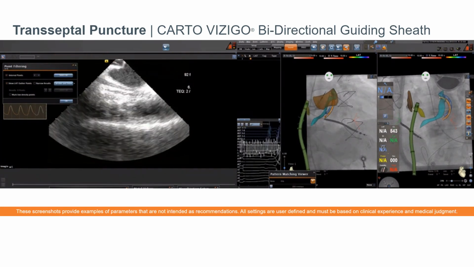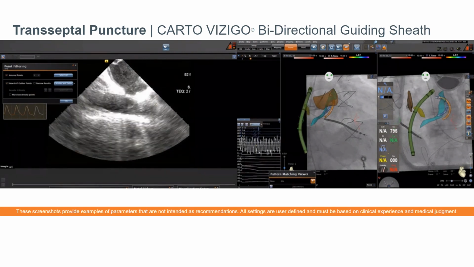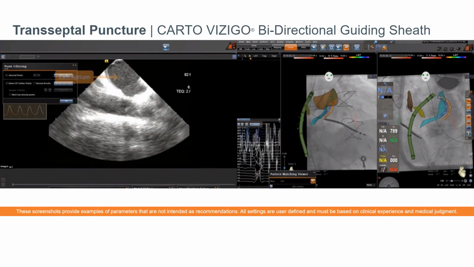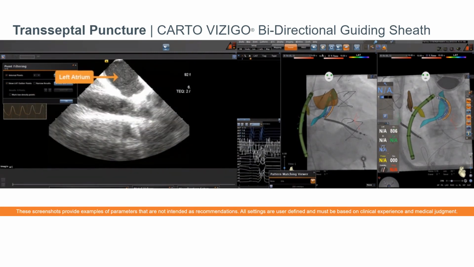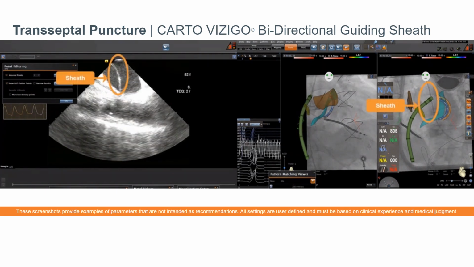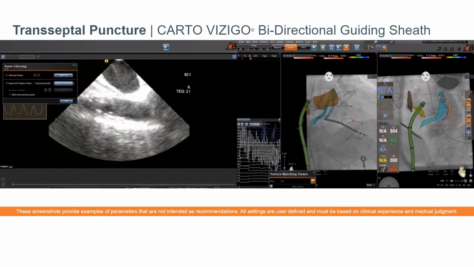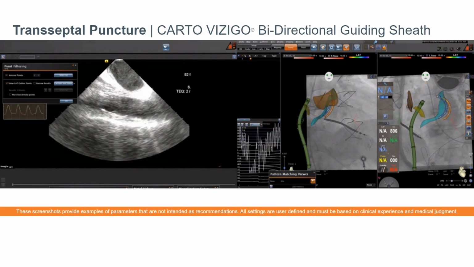This sheath is different from other transseptal sheaths in that it is steerable and can be visualized on the CARTO 3 system 3-dimensional map. Here you can see the sheath visualized on the CARTO 3 system as it passes from the right atrium into the left atrium at the transseptal puncture site.